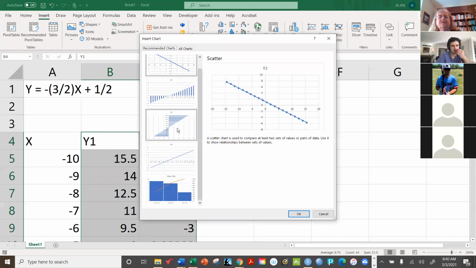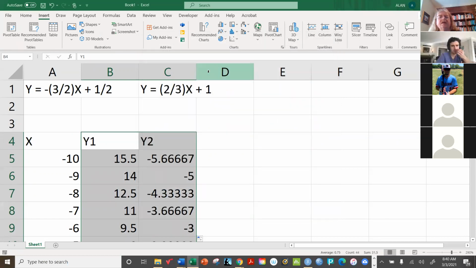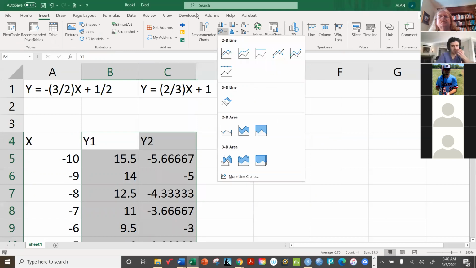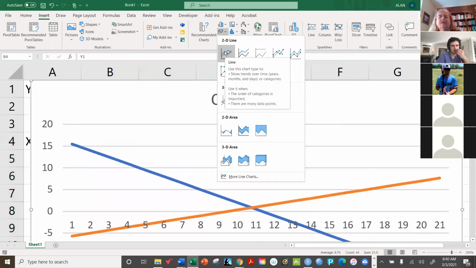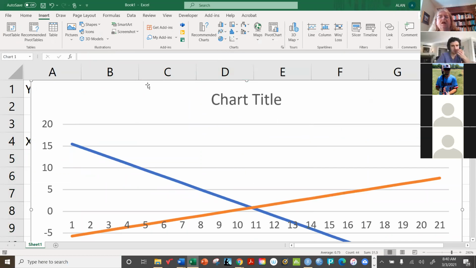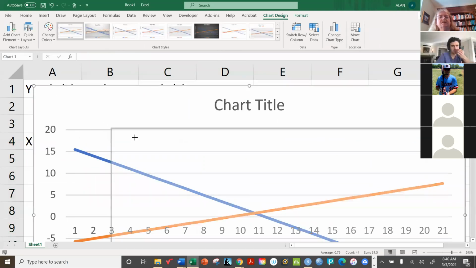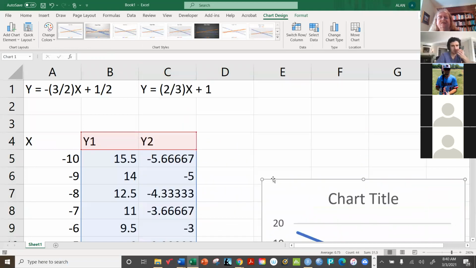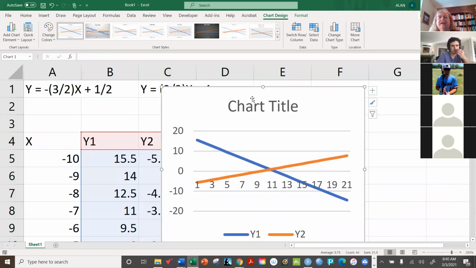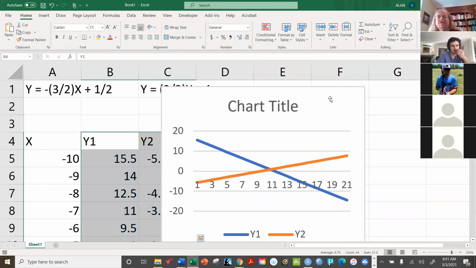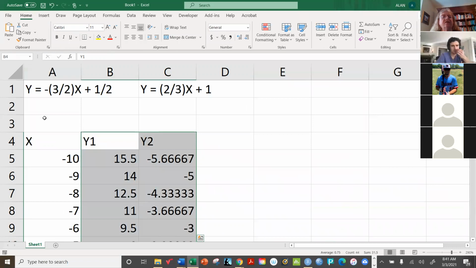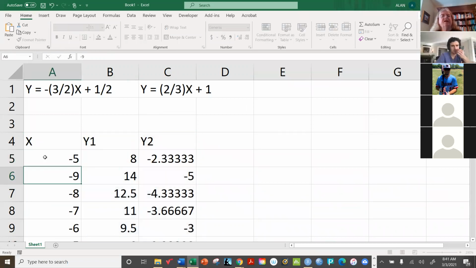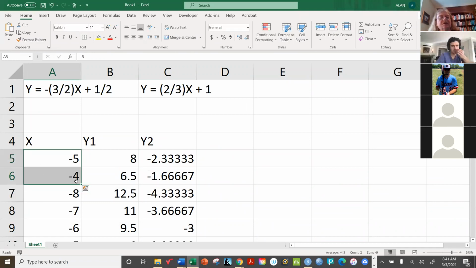It's only giving me one. That's interesting. Hold on. Let me change the numbers that I'm looking at. It looks like I want to get in really close here, so let's change the range of values. Let's try -5, -4, let's say. I'm trying to make the chart look as clear as I can.